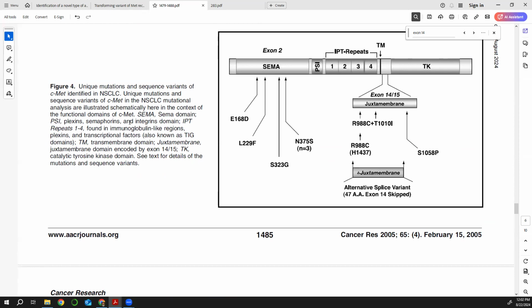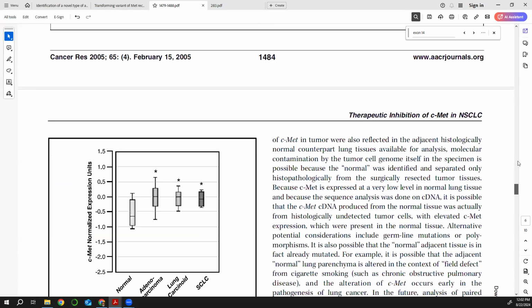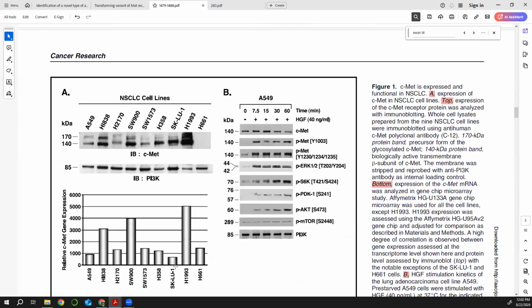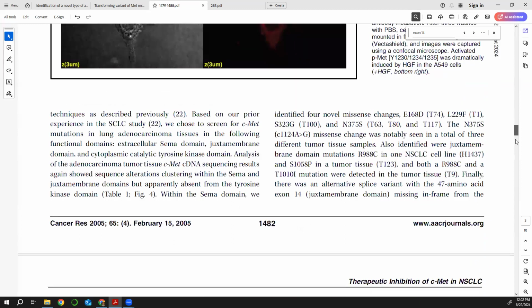This might be one mechanism where the level of the RNA could be low, but the protein could be highly expressed, okay? Because the protein is increasingly stable.